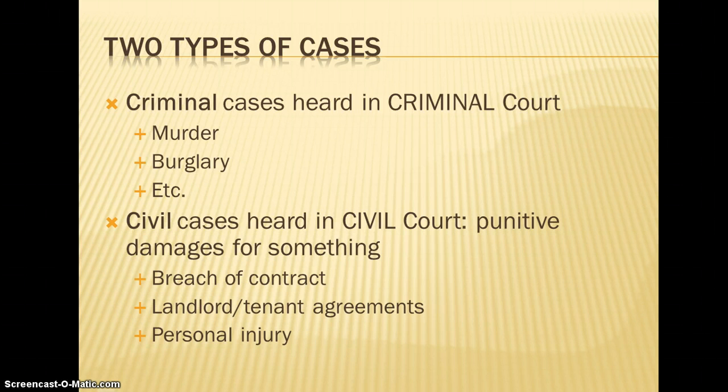So breach of contract, maybe landlord or tenant agreements. If I hired somebody to build a fence around my yard, but he accidentally built it 6 inches onto my neighbor's land, and I called him back to have him fix it, and he refuses, I'll have to take him to civil court to have them fix it. Debt collection, divorce, maybe even foreclosures are all in civil courts.